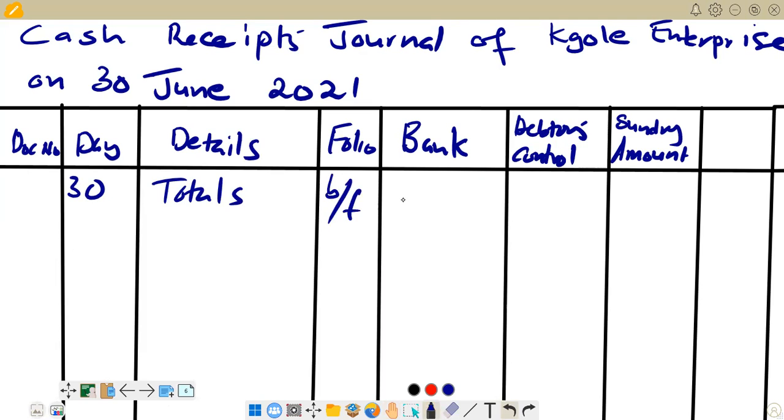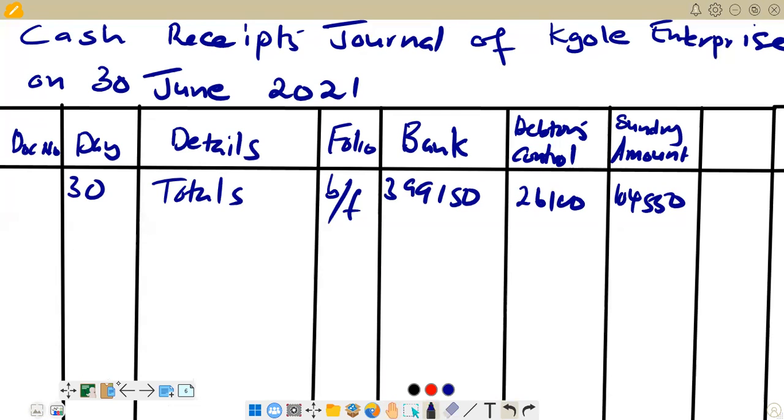The figure for bank is 399,150. For debtors control, the figure is 26,100. And for sundry amounts, we have 104,550. So these are the opening balances that we have there.